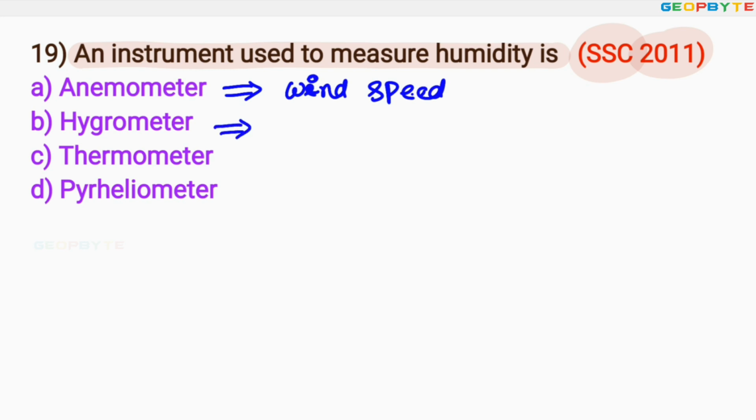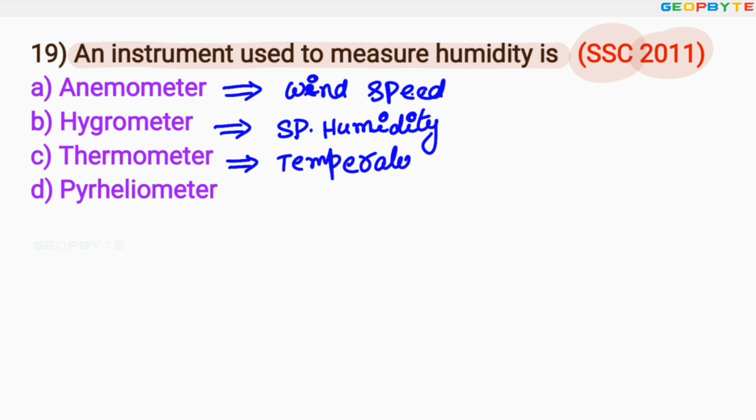Similarly, hygrometer for measuring the specific humidity or humidity ratio. For measuring the specific humidity, we are using the hygrometer. Thermometer for measuring the temperature.